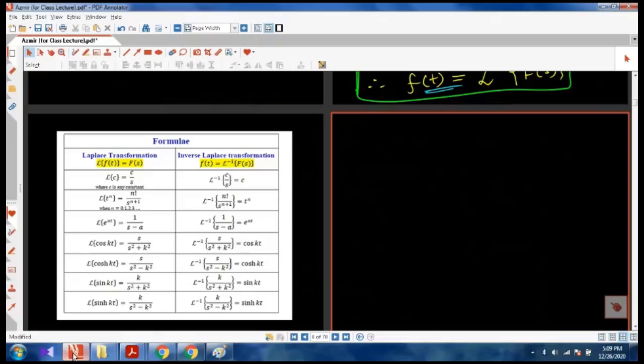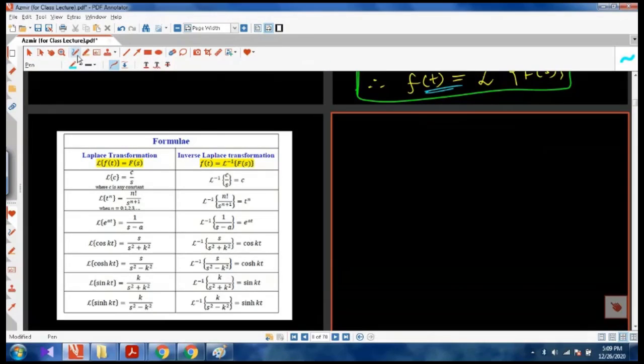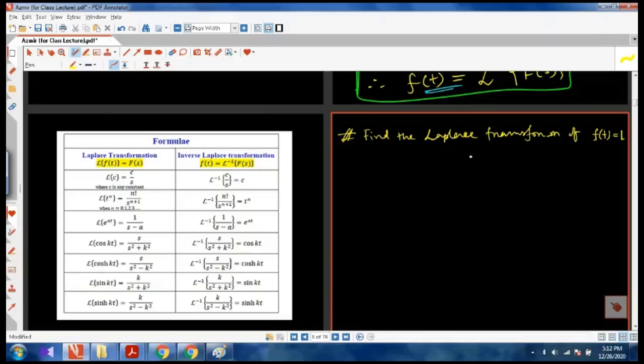Okay, so let's say we are working with the first problem. Suppose we have a problem, find the Laplace transform of f of t equal to 1. What is our function? Our function is f of t equal to 1.